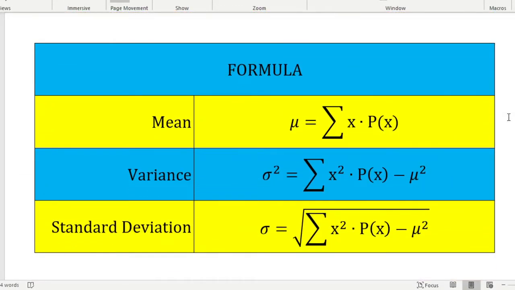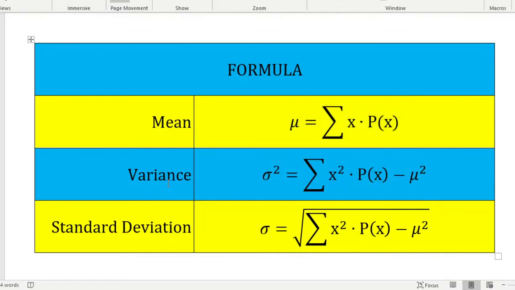We need these formulas for us to be able to calculate for the mean, which is denoted by mu equals the summation of the products of the possible values and the probabilities.